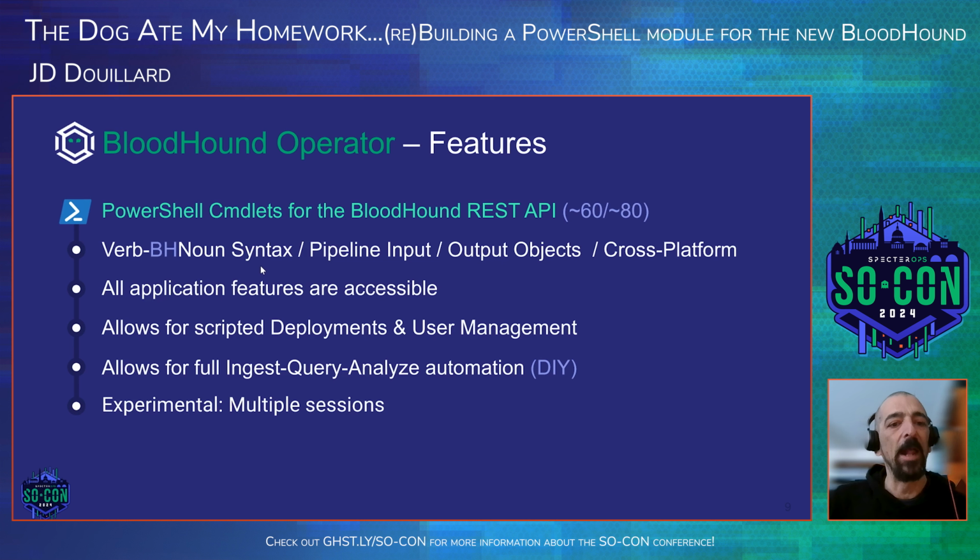Let me know. All application features are available, so all API endpoints are covered, and it allows for whatever you want to do with BloodHound, like scripted deployments. If you're a red team and you want to deploy your users, you could have a CSV and automate the deployment of those users every time you deploy a new BloodHound instance.